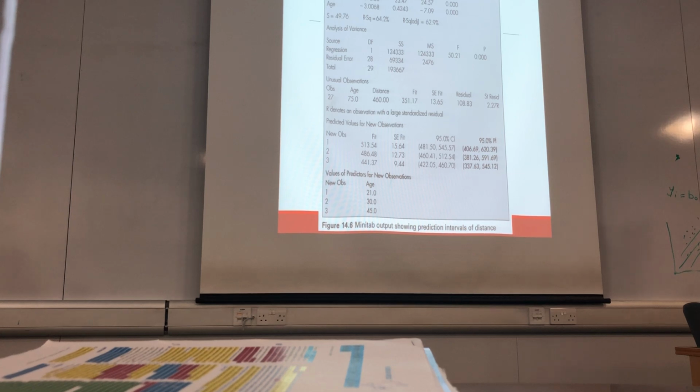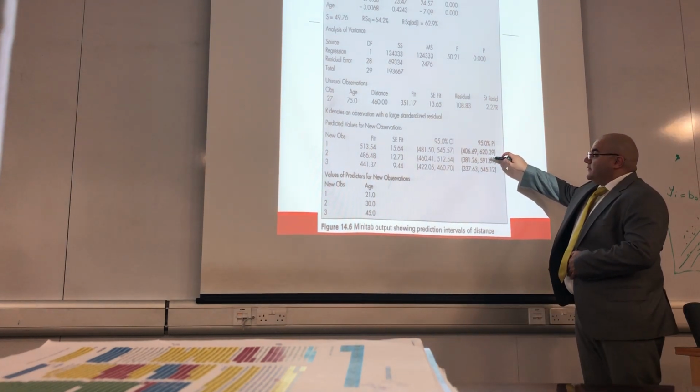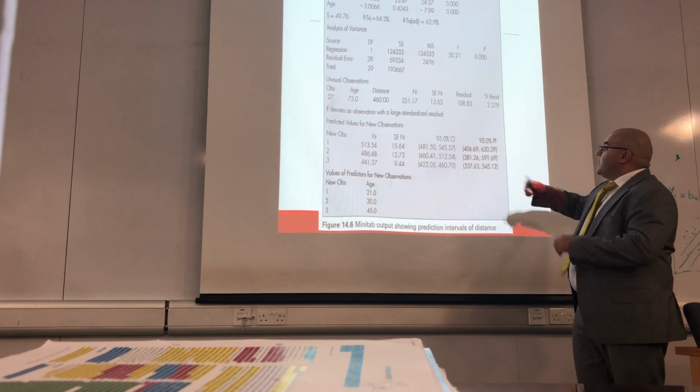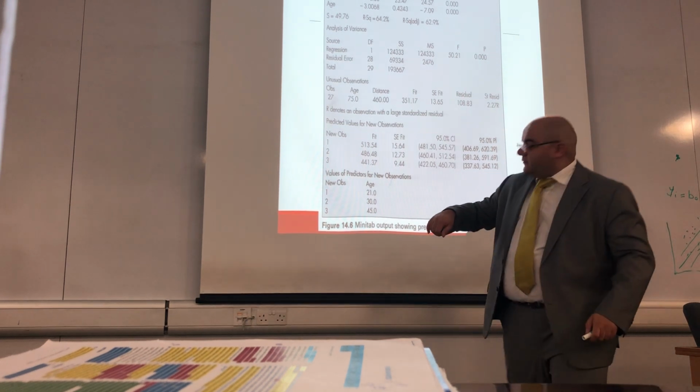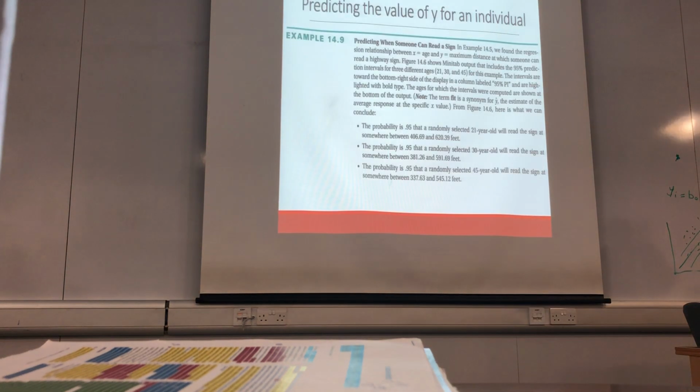So these are the prediction intervals, in bold. The ages for which the intervals were computed are shown at the bottom of the output. The term fit is also synonymous with y hat, the estimate of the average response at the specific value of x.